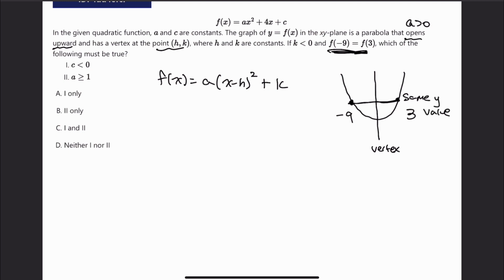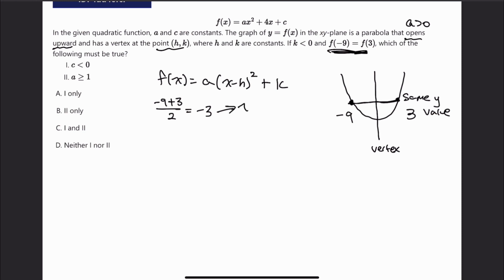So this is really important as the average of negative 9 and 3 would be the vertex. So the average of negative 9 and 3 is negative 3. So we get a vertex of negative 3.